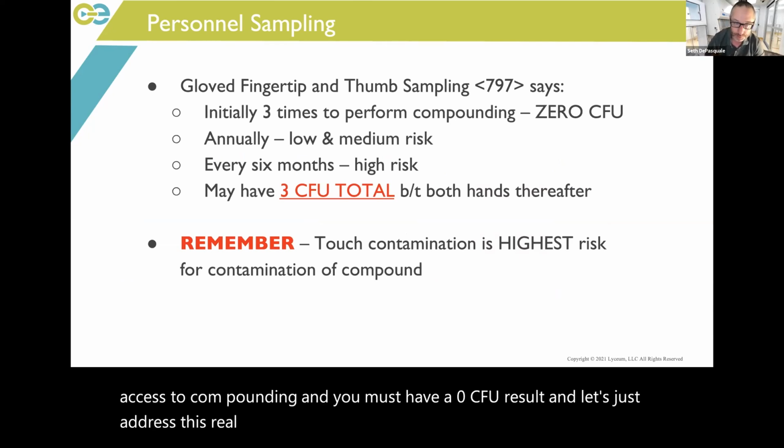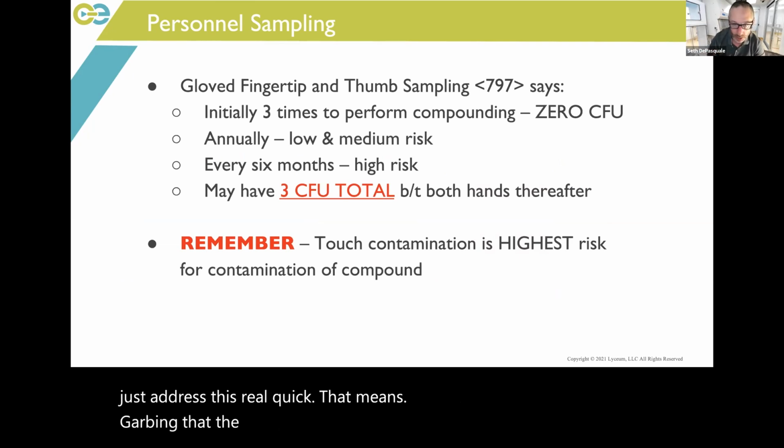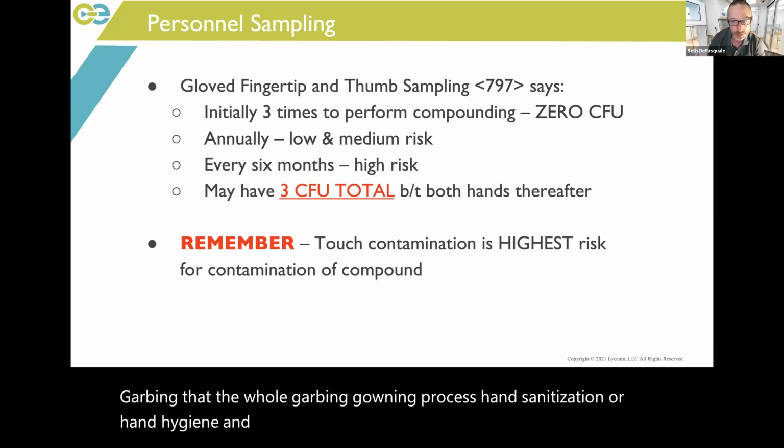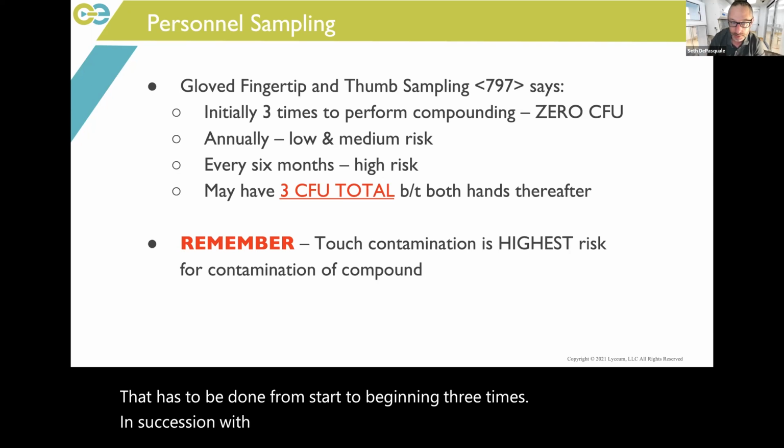That means garbing, the whole garbing, gowning process, hand sanitization or hand hygiene, and then putting on your gloves, that has to be done from start to beginning 3 times in succession with 0 CFUs present in order for an operator to gain access to the clean room.